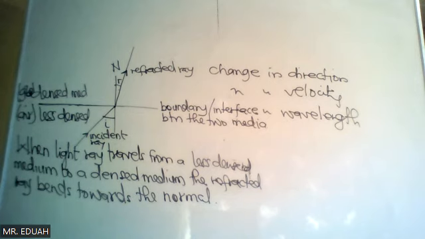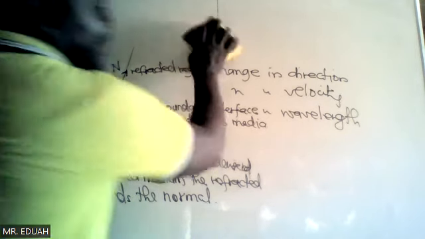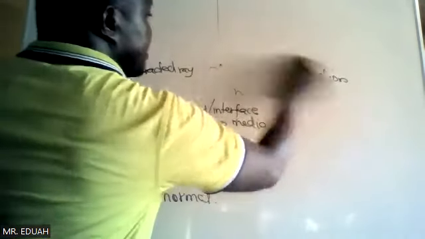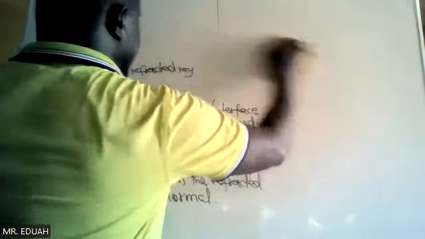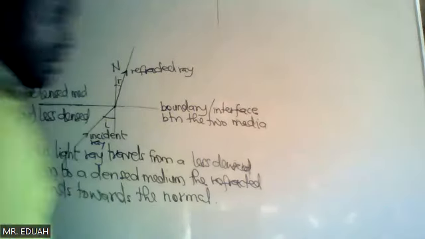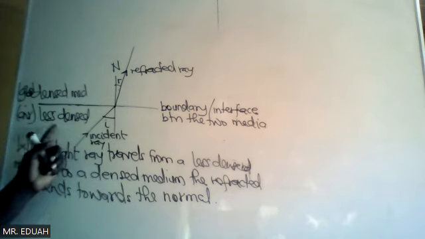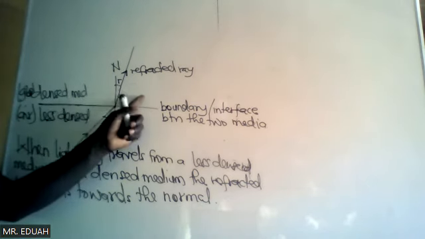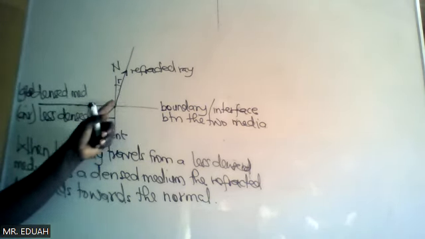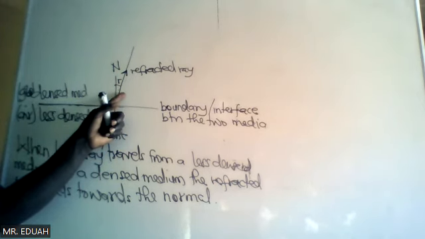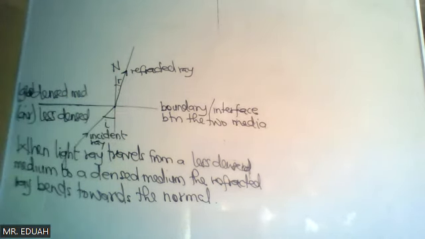Please, class, are you okay? Now, I want somebody to help me brainstorm something. Why do you think when the light is moving from a less dense medium to a dense medium, the refracted ray is bent towards the normal?